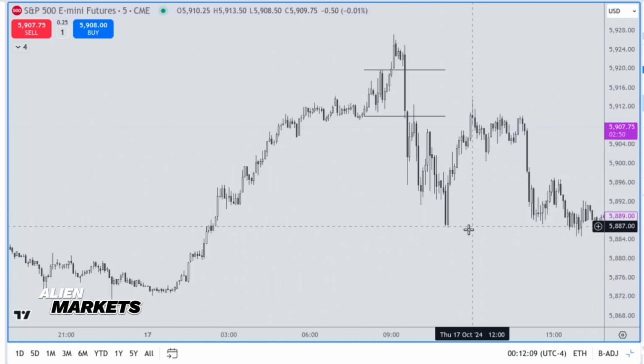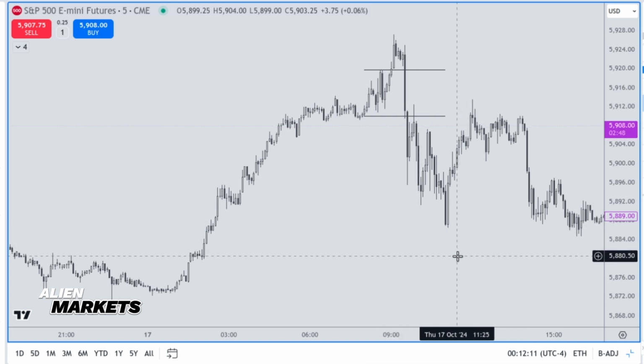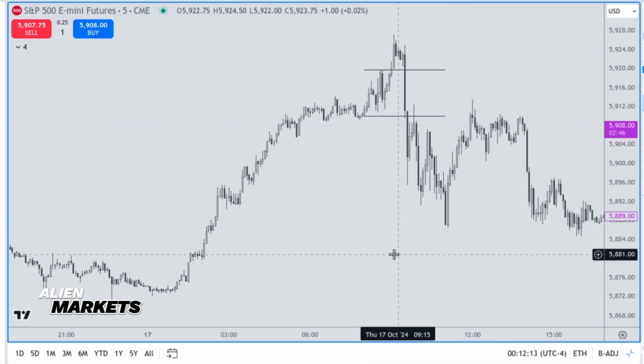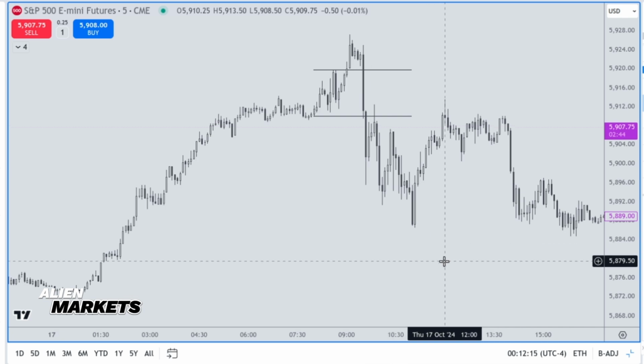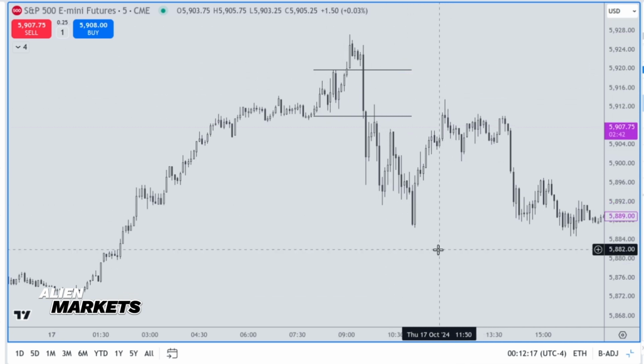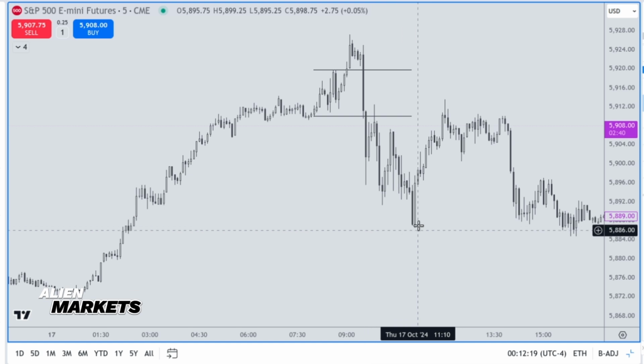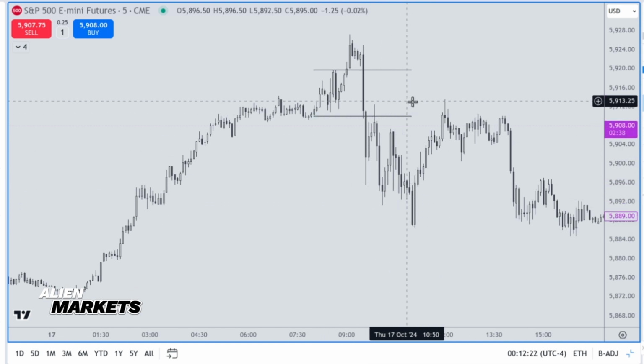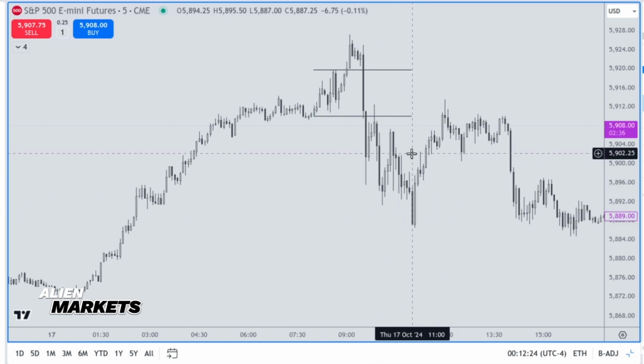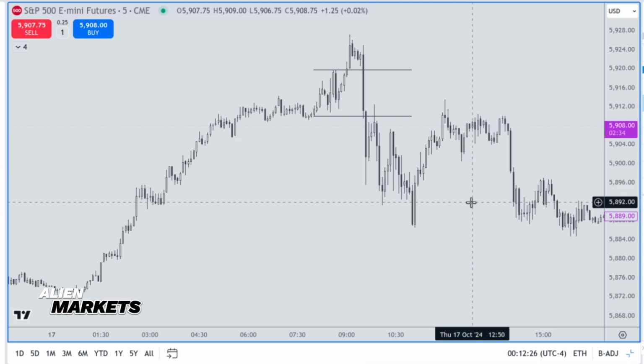Then I stop and think about where price is going to reverse or retrace, right? Reverse or retrace.